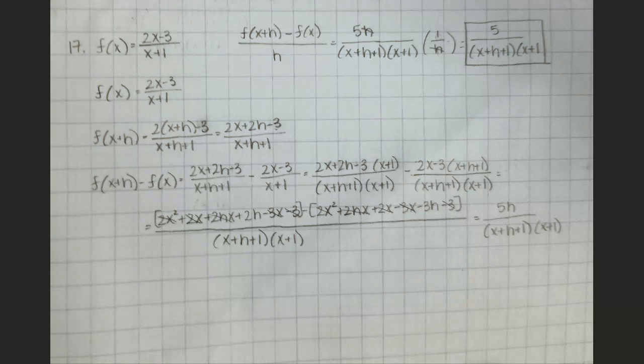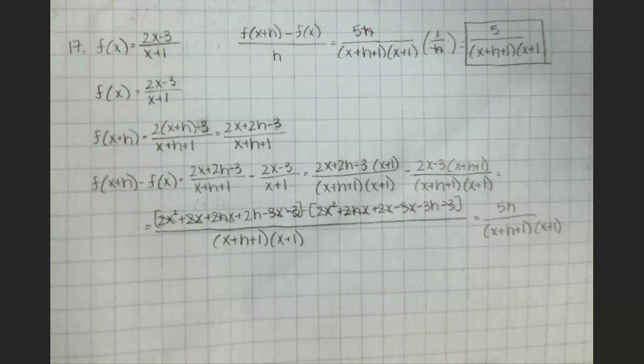So f of x is 2x minus 3 over x plus 1. F of x plus h: you just input the value of x plus h into f of x. So it's 2 times x plus h minus 3 over x plus h plus 1.